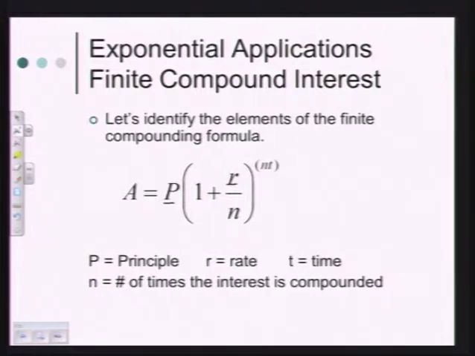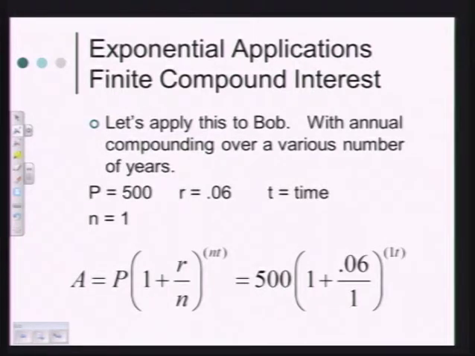Now, the new part of this is N. N, you will see, is the number of times that the interest is compounded in the interest period, meaning that if Bob is earning 6% per year, then N is the number of times per year that the interest is going to be compounded.